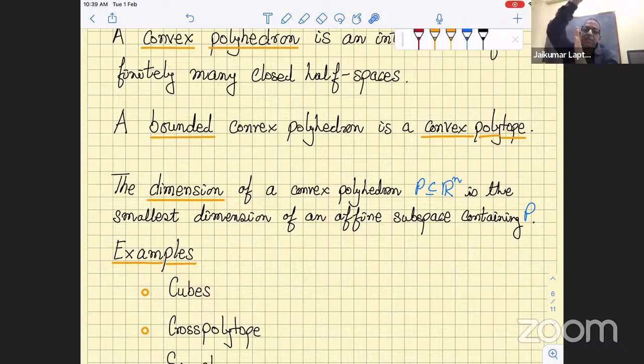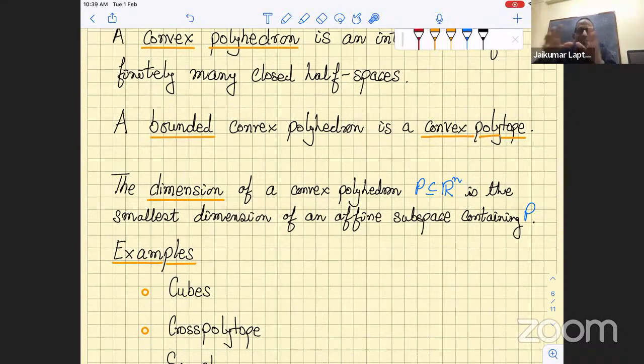Then you are left with just this hyperplane. And now you intersect with some other hyperplanes. So in the end, even though you are in the ambient 3-dimensional space, what you will be left with will be a thin figure, which is restricted to this hyperplane, because the first 2 half spaces already put you in this 2-dimensional space.